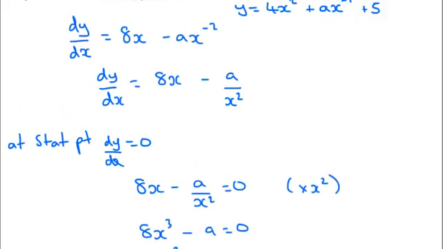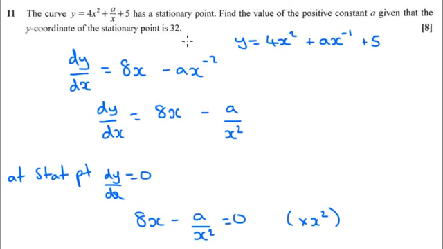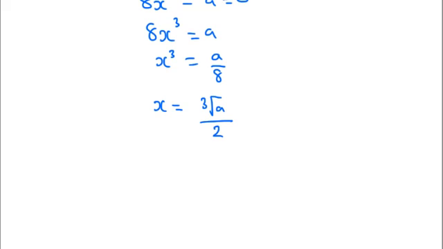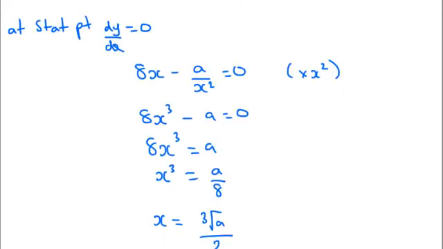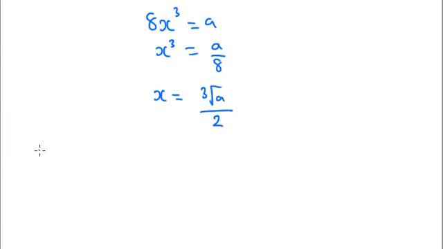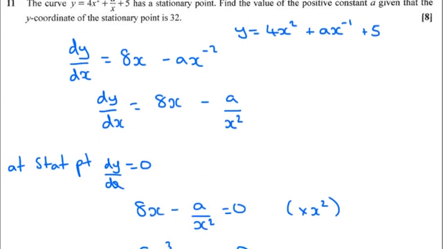And we know that at the stationary point, the y coordinate is 32. So if we substitute x here into the original equation, we're going to set it to 32. So at this cube root of a over 2 point, we know that y is equal to 32. So I'm going to sub that in.